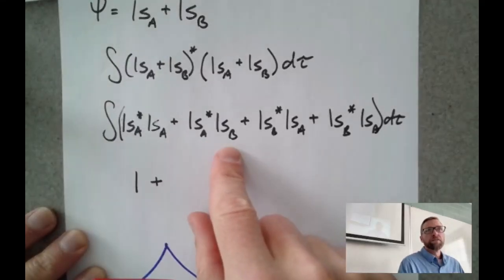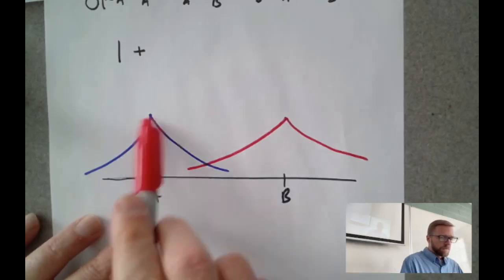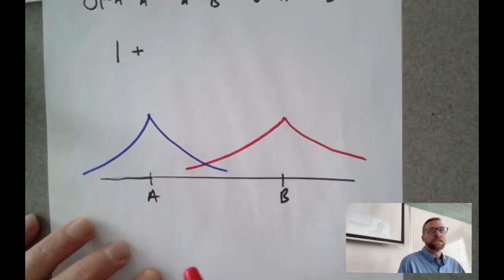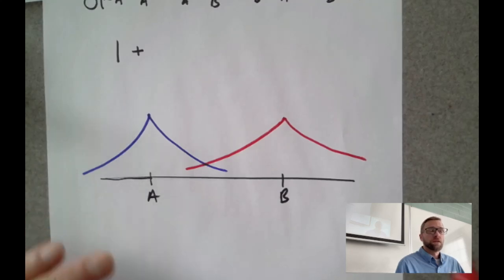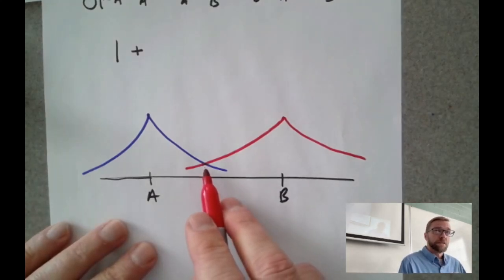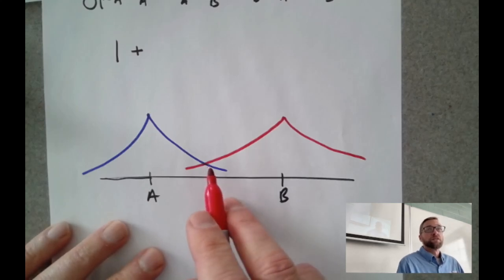So notice I'm taking the product of these wave functions. This is wave function A, this is wave function B, and I take the product of the two. That means I'm multiplying them together, and we're taking the area under the curve.